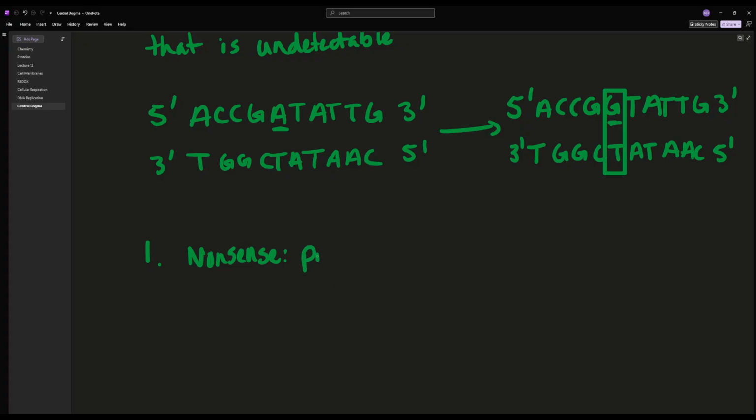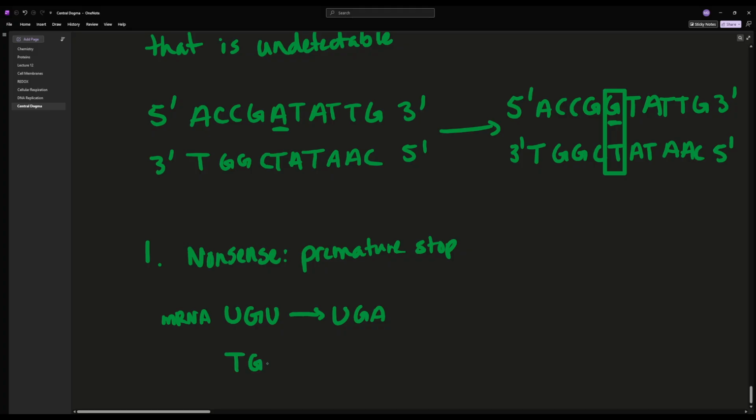So this is a premature stop. The example is if we had a UGU and then it were changed to UGA, right? This is in the mRNA, which means the coding strand is going to be a TGT gets mutated to a TGA.